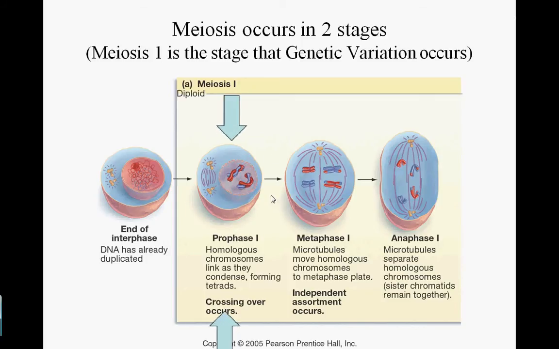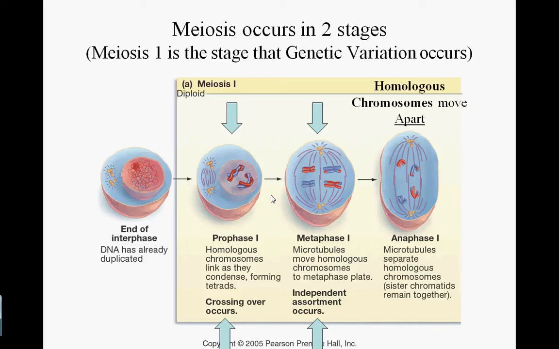Crossing over occurs in prophase 1, and I have a better slide to show you. The other important thing that occurs in meiosis 1 is independent assortment. Independent assortment occurs in metaphase 1, and it focuses on how these homologous chromosomes line up at the metaphase plate. Again, we'll have a better slide to show you the significance of that.